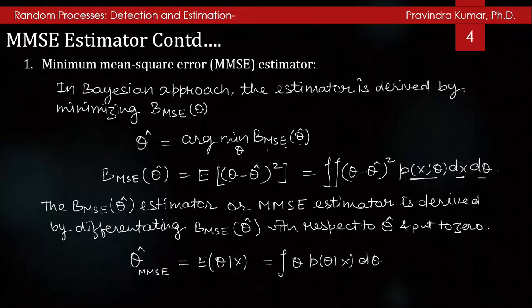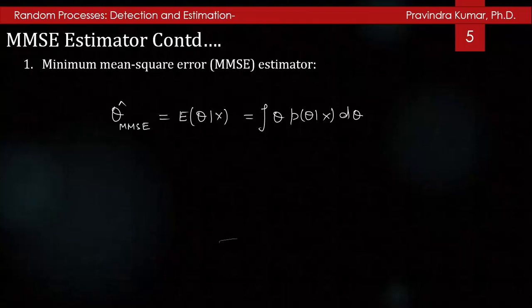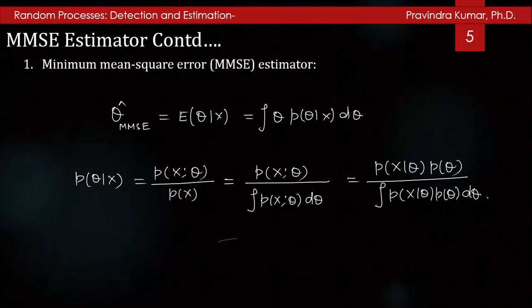Then we will get theta MMSE cap. It will be the conditional expected value of theta given x, and you can write it as the integral of theta times the conditional PDF p(theta | x) d theta, where the posterior PDF p(theta | x) is given as p(x, theta) divided by p(x), the joint PDF of x and theta.